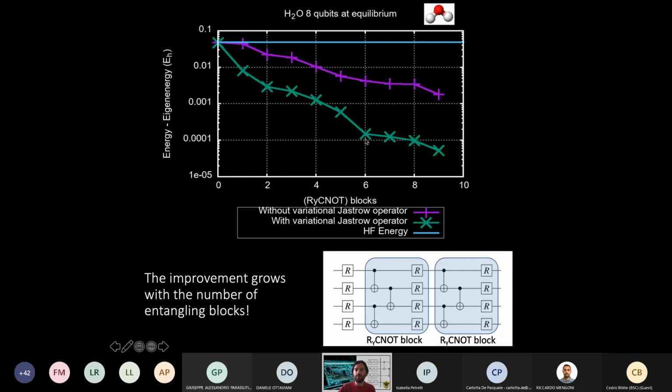So basically, we have more than one order of magnitude of gain if we use this non-unitary approach. And also what is important is that this improvement grows with the number of entangling blocks. So it's not something that stops, but as soon as we have more possibility to have longer circuits, we always have at least a factor of 10, if not more, of advantage.